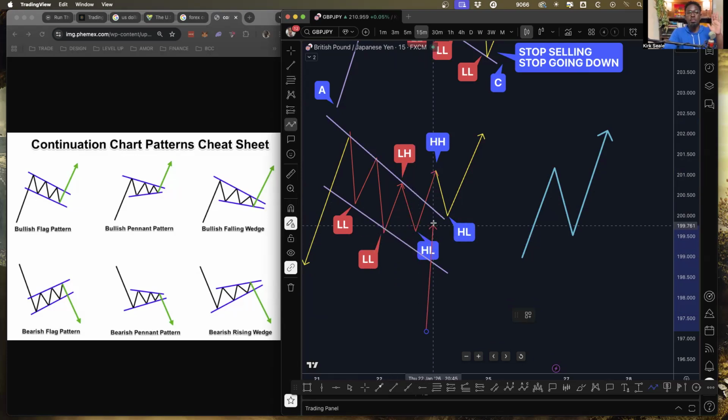We're like, okay, you look like you might stop. Confirmation number two is instead of a lower high, we get a higher high. Confirmation number three, this is when we are very sure that price is changing direction. We have two higher lows. This second higher low, we would want to enter our trade at this point.